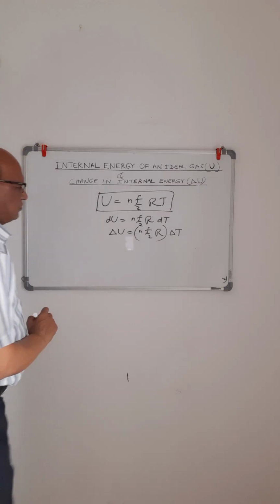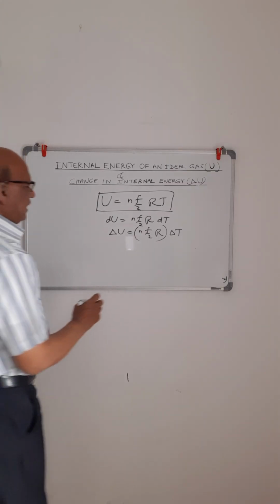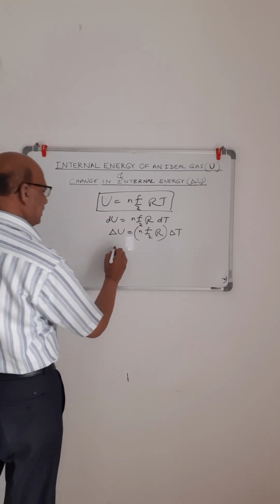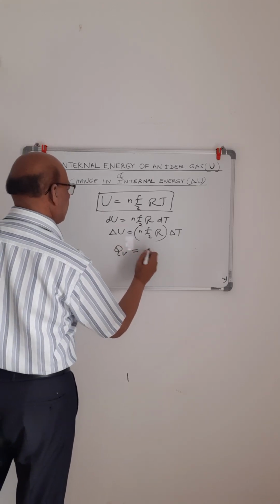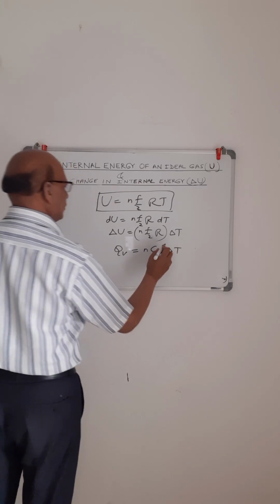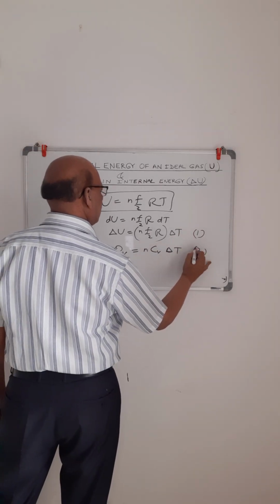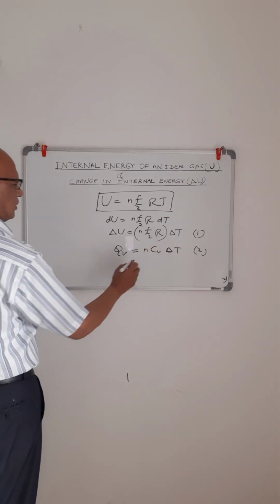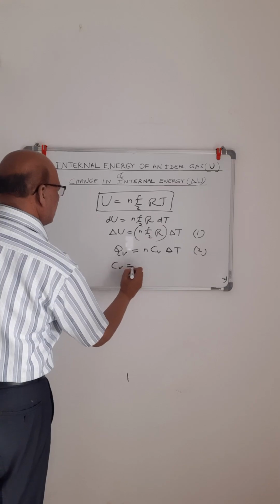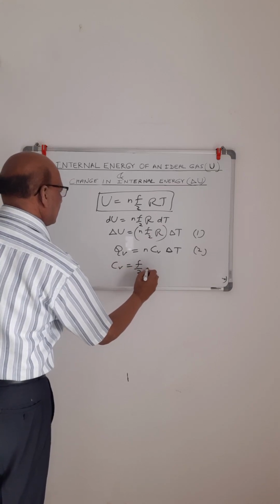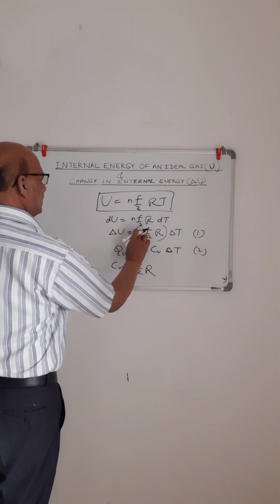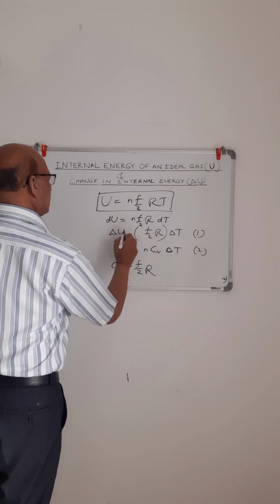This is a constant. Okay, and we also know that heat exchanged between system and surroundings at constant volume, Q, is given by nCV delta T. So if I equate these two equations, what I will get? We will get CV is equal to F by 2 into R, because this n is common, here I can write n outside the brackets.